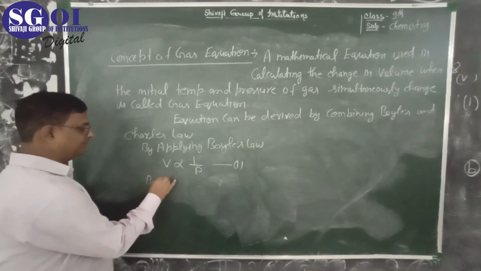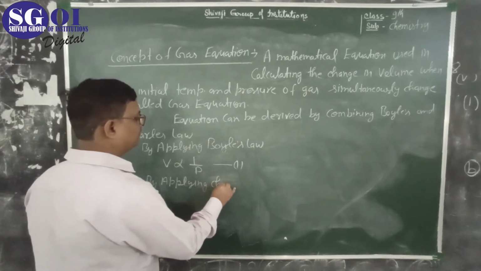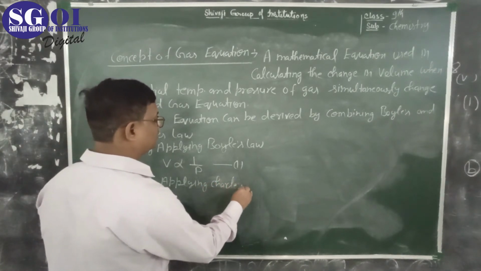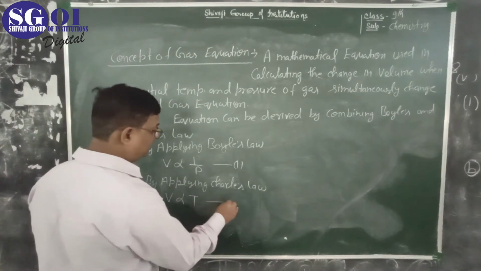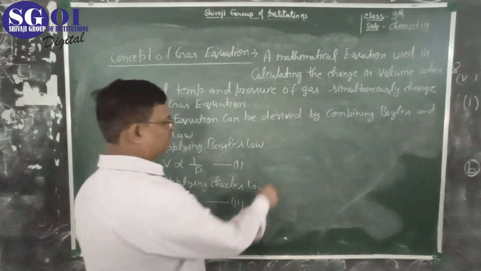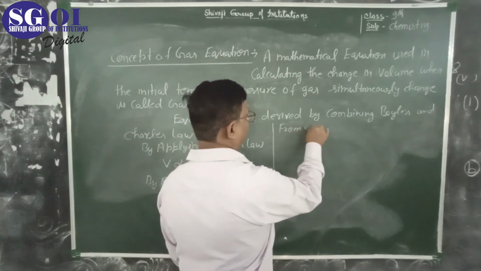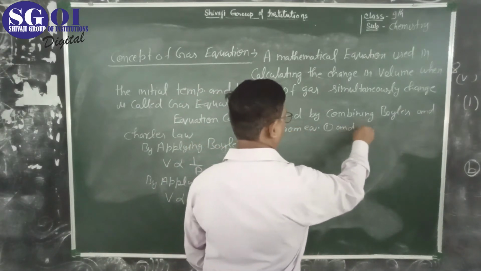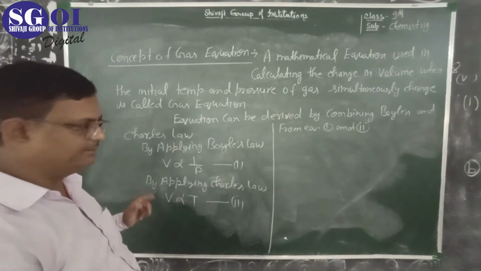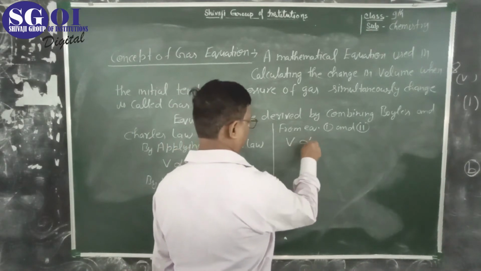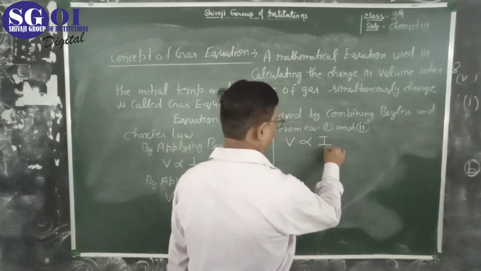And by applying Charles law, V directly proportional to absolute temperature T, equation second. From equation first and second, left hand side for both equations are same, so V proportional to T upon P.